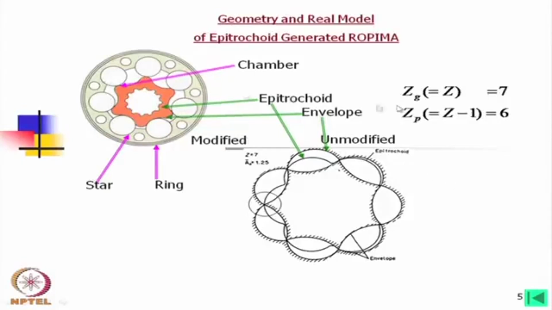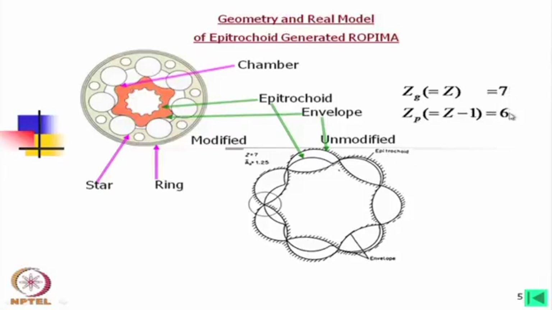Now, in this case we have named Zg as the lobe number, or say teeth number, of the ring gear, and Zp is the lobe number of the star gear. We can call it gear. This is the outer gear and this is the pinion. What we find in this case, the inner one is 6, the outer one is 7.